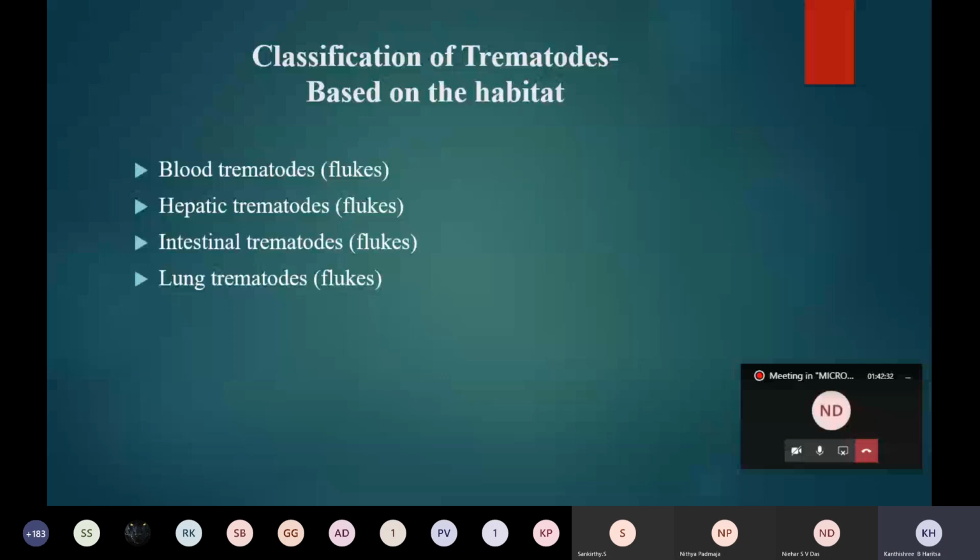Trematodes are also classified based on the habitat. So you have blood trematodes, hepatic trematodes, intestinal trematodes and lung trematodes.